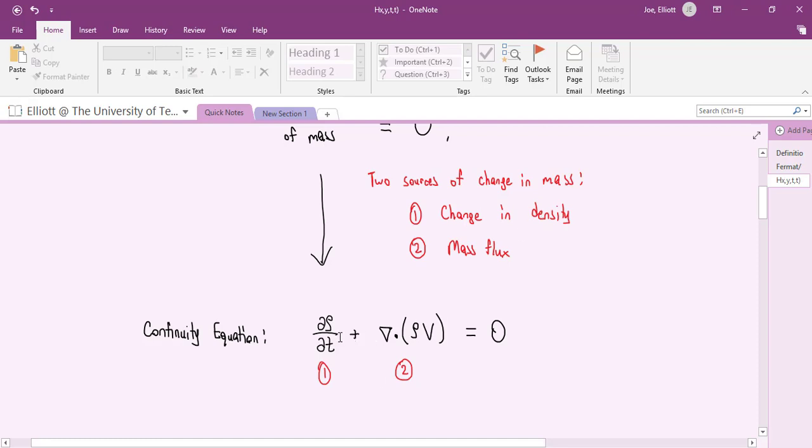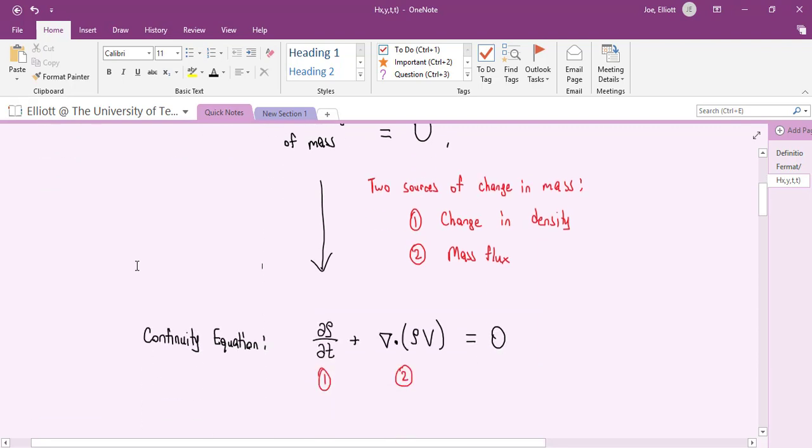And then the second term in the continuity equation, so this term here, is the divergence of, and inside the parentheses, we have the density times the vector field. So this second term, the divergence term over here, is measuring basically the mass flux, or how much mass is entering and leaving the cube over time, okay?